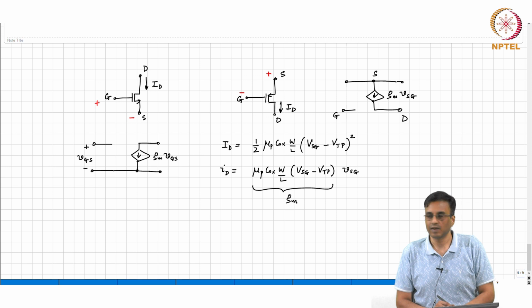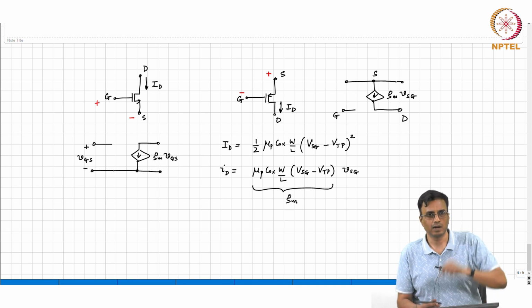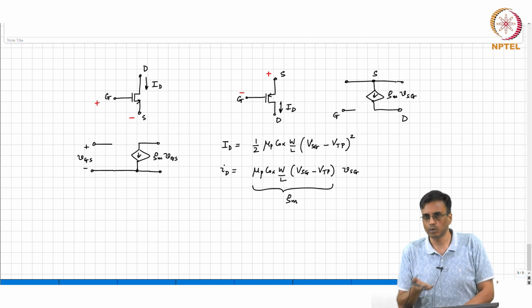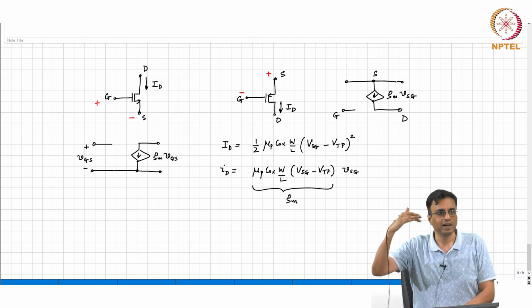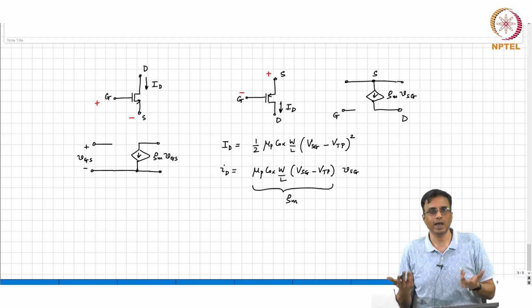But when we make a common source amplifier, the source is going to be at a constant potential, right. In the NMOS case, that constant potential happened to be ground. In the PMOS case, it will be the highest potential, which will be VDD, right.